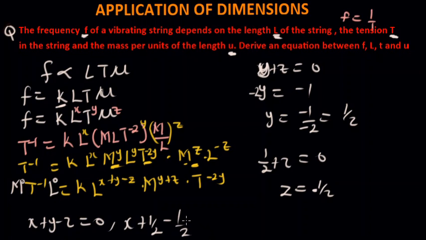Okay, so actually this one is negative, and so it will give us a positive equal to 0. So x will be plus 1 equal to 0. So actually x will be equal to negative 1.